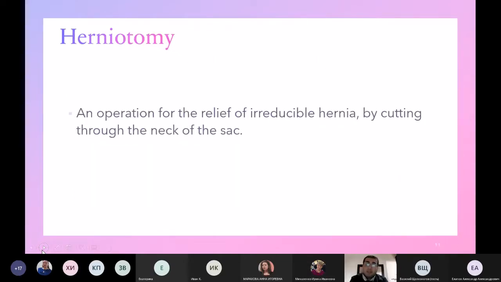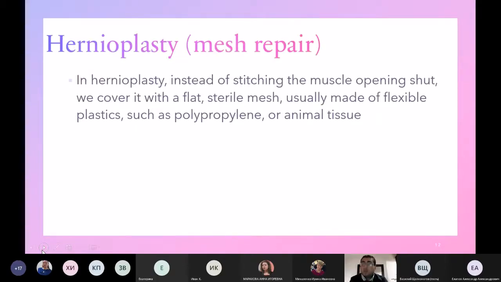Herniotomy is an operation for the relief of a reducible hernia by cutting through the neck of the sac, while hernioplasty uses mesh repair. In hernioplasty, instead of stitching the muscle opening shut, we cover it with a flat, sterile mesh, usually made of flexible plastics such as polypropylene or animal tissue.